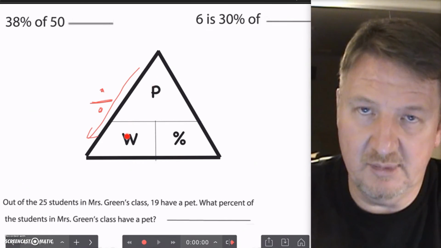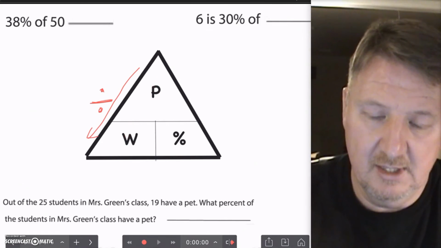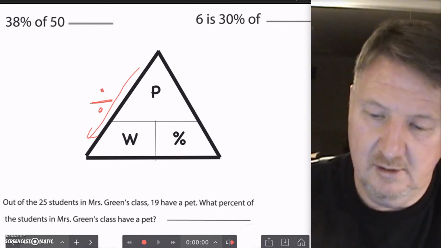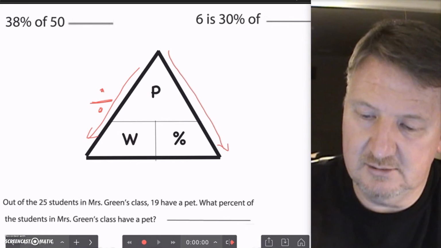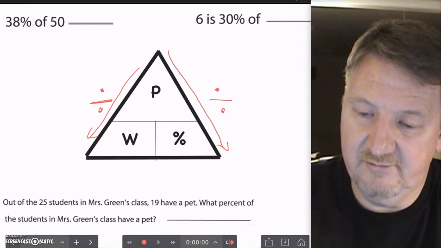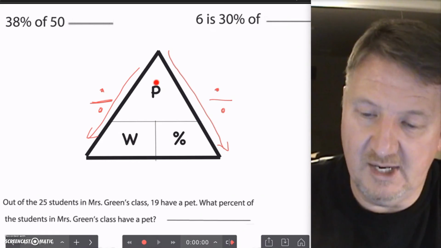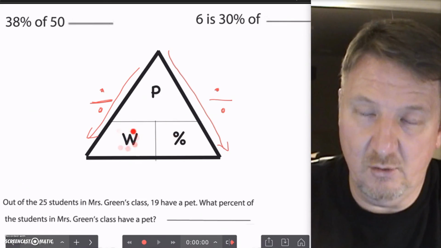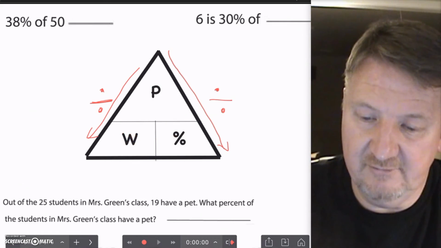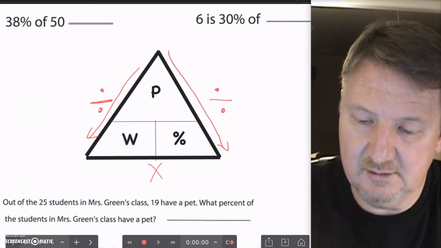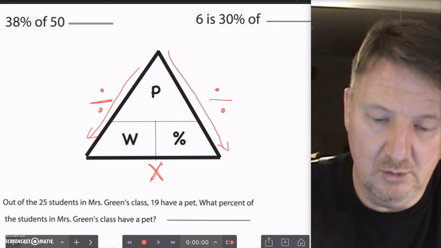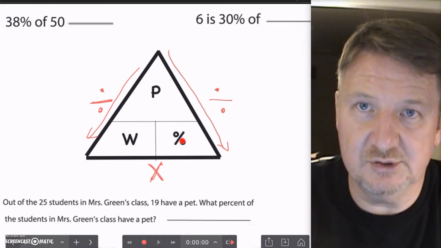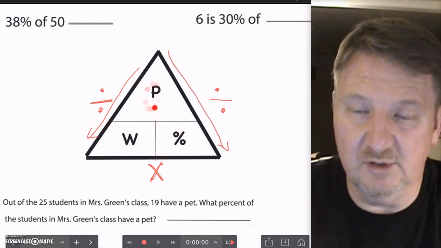If you know the part and the percent, you're going to divide the part by the percent in order to find the whole. And then finally, if you know the whole and the percent, you're going to multiply. Okay, you are going to multiply the whole by the percent, and that will give you the part.